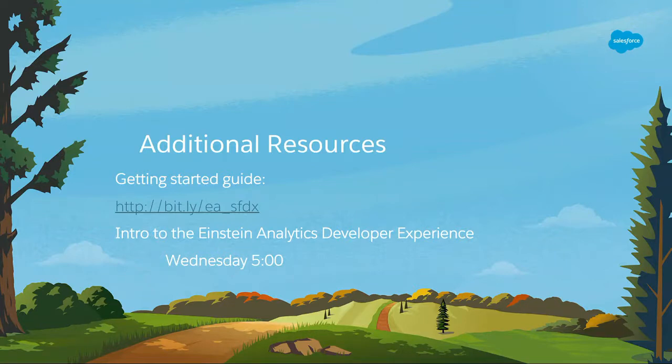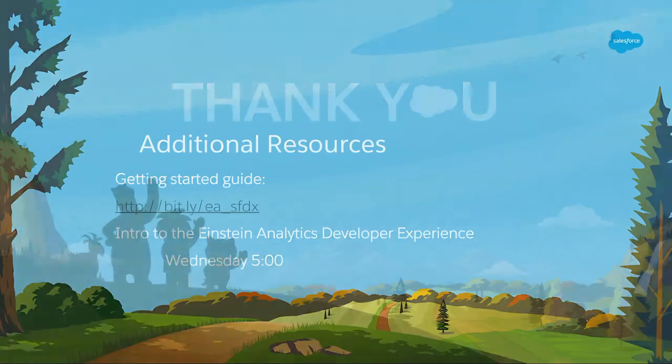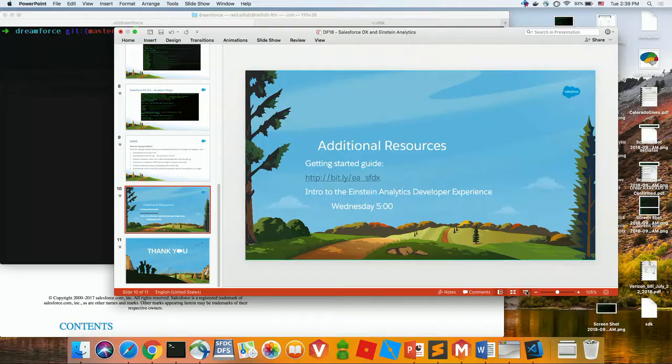Also, there's a session tomorrow, the Intro to Analytics Developer Experience. Here's the cards that I mentioned. That's a good way if you want to play with this, just run it, get it going yourself. And this session tomorrow will go way more in depth into analytics templates and working with those. Okay, so I'm going to jump into the demo next.